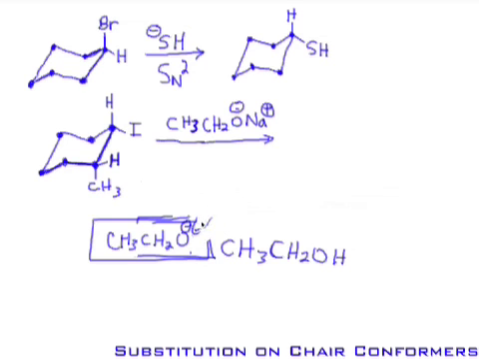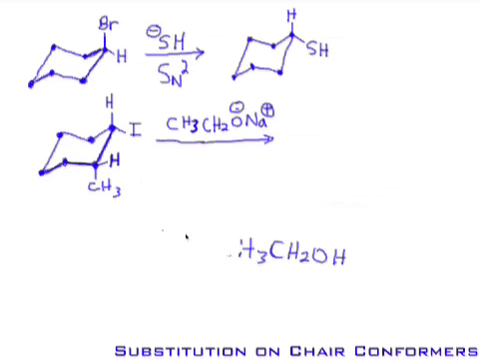Now, ethanol is polar and protic. In this case, I do not want to use ethanol because polar protic solvents favor SN1. We'll talk more about this solvent factor later on in the course. But in this one, I'd probably use a solvent like acetone if I could. Okay.